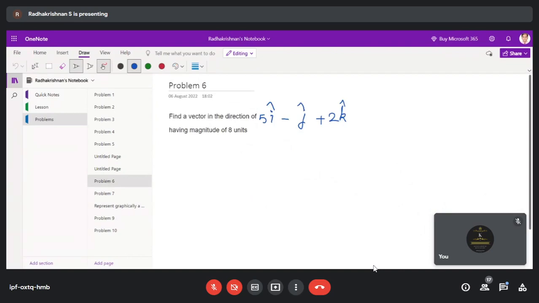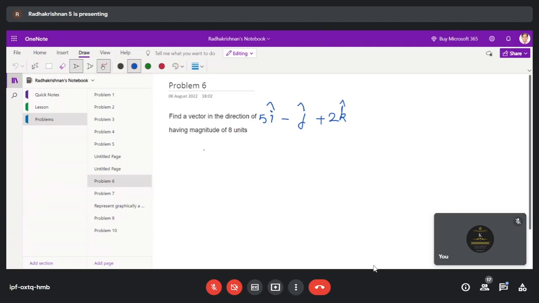Okay, now let's do this problem. Find the vector in the direction of 5i cap minus j cap plus 2k cap having magnitude of 8 units. So what is the magnitude of this vector? We have to find that first.